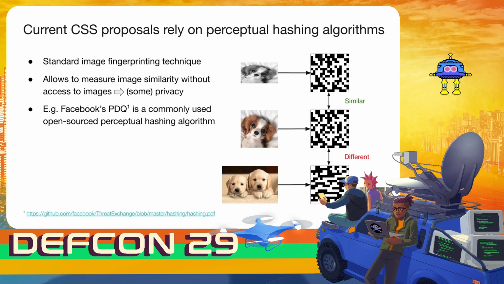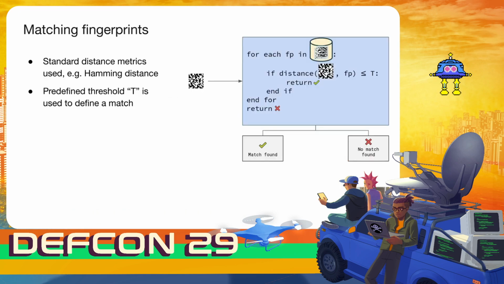So now we know how to create fingerprints. The next question is, how do we find a match? The way this works is that, let's say, I have a database of fingerprints, I send my image fingerprint, and if the distance between the sent fingerprint and any fingerprint in the database is less than a predefined threshold, then I would say a match is found.